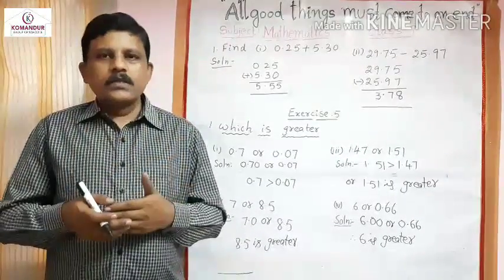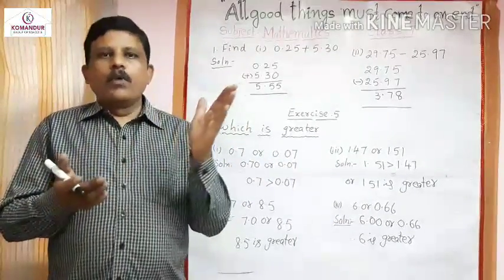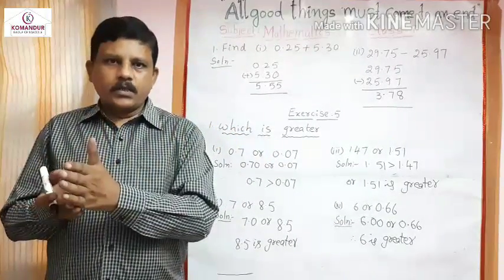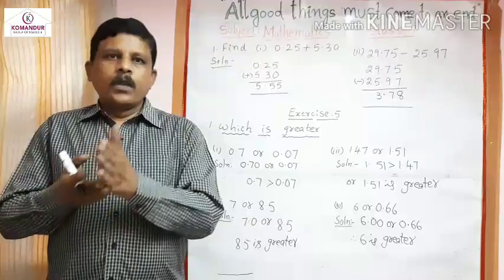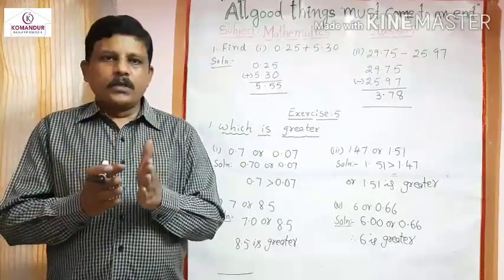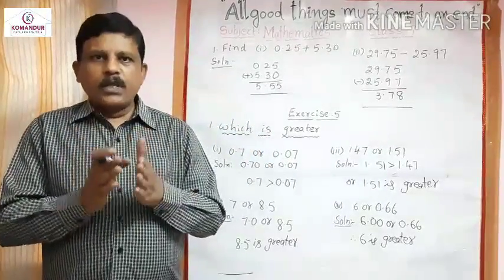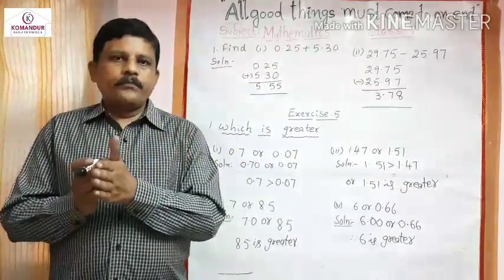So, big to small: 1 kilometer is 1000 meters, 1 meter is 100 centimeters, 1 centimeter is 10 millimeters. That is big to small.